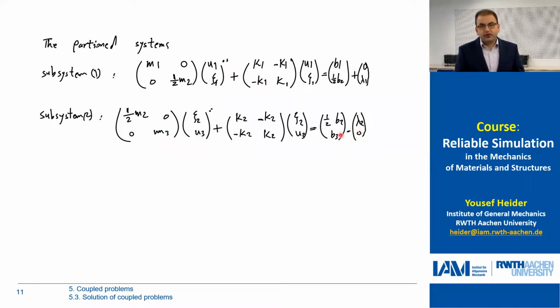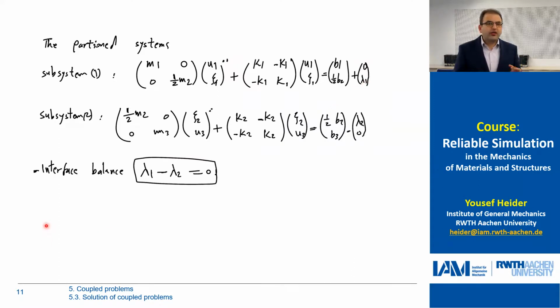And then, as you see here, we have the forces, and then we have some other terms which come from the interface. So these are the interface actions. Then we have to consider the constraints on the interface. So we have the interface balance, so the force which comes from the first subsystem equals the force which comes from the second subsystem, or action equals reaction.